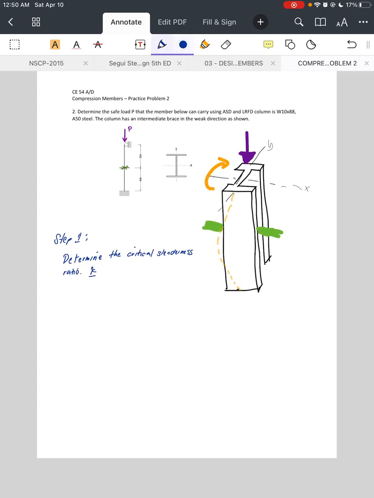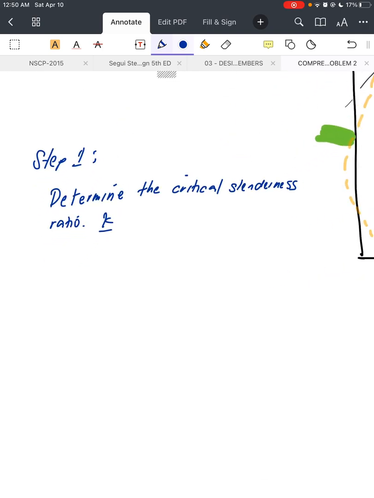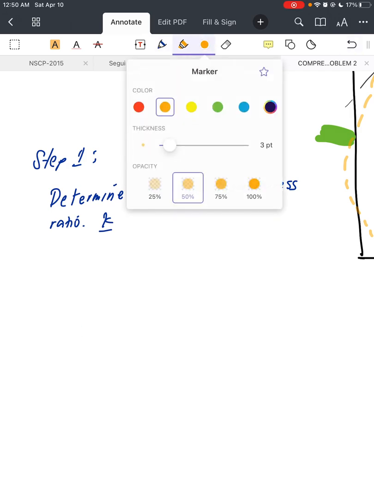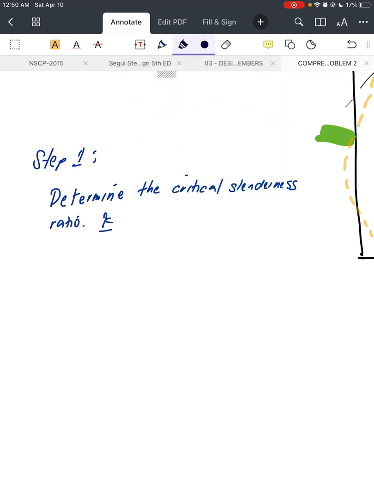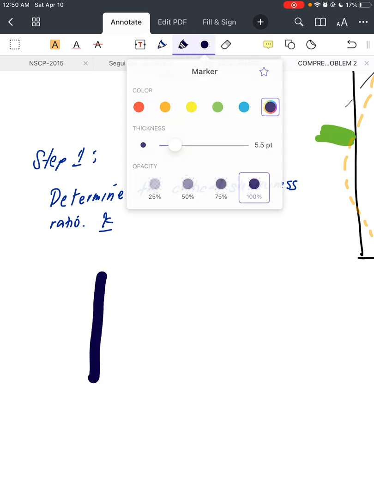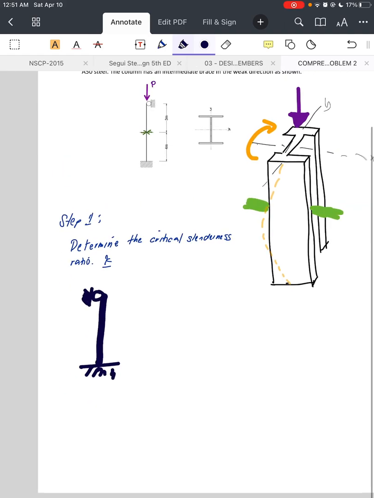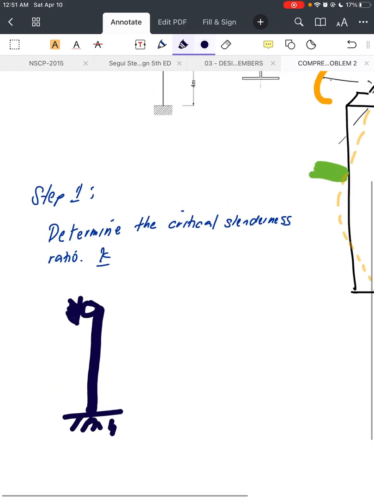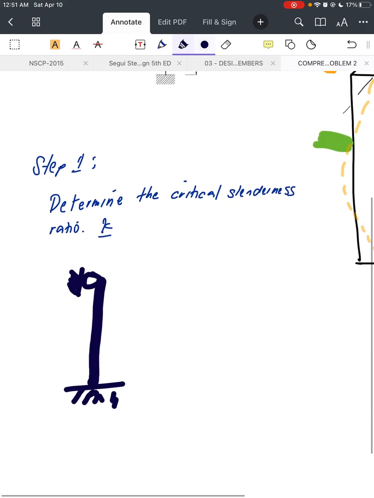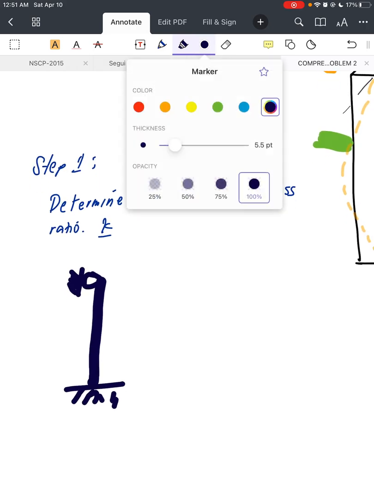So, drawing natin dito. So, kung meron kang column like that, and ito yung support mo sa top, which is a roller. Okay? So, lagyan lang natin ng axis.